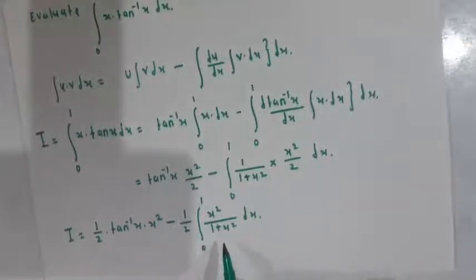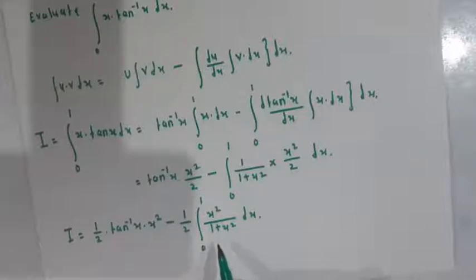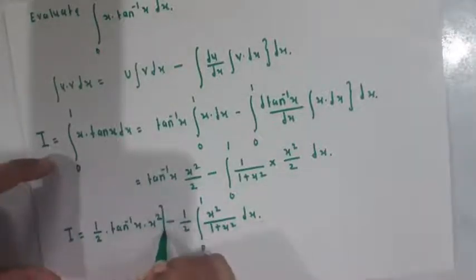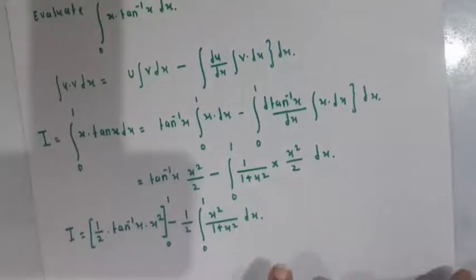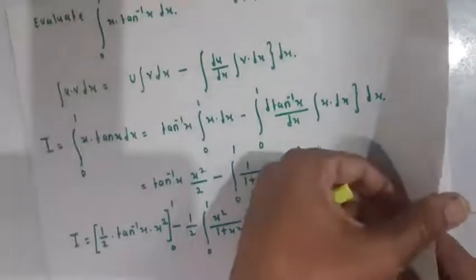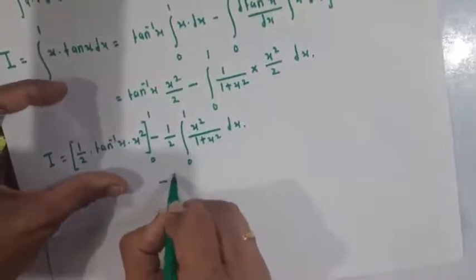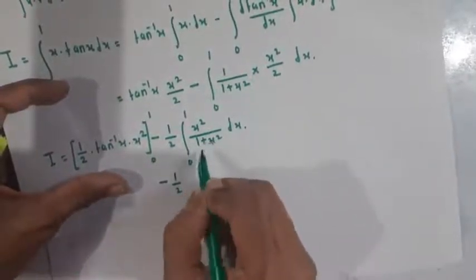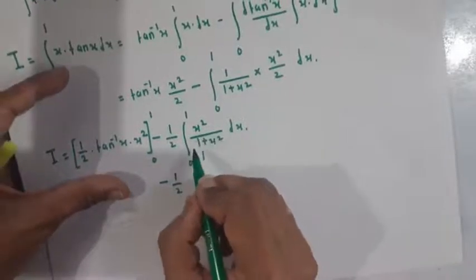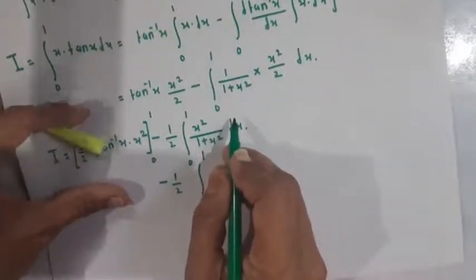Now students, we have to solve this integration, with the limits of integration 0 to 1. Now we adjust the term here. So here add 1 plus 1 minus 1.